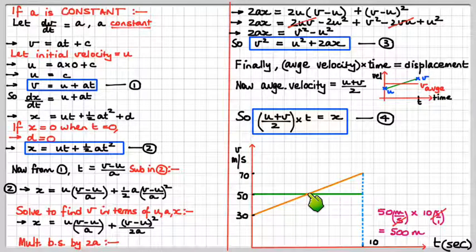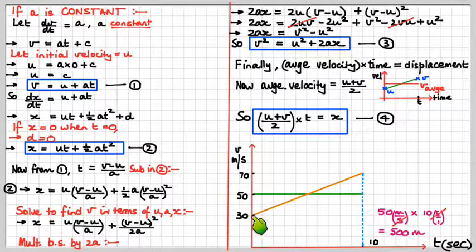Now, what I'm putting to you is that the area under this trapezium graph with the orange bit up here is still the same as the area under the graph with the green flat line, as our v line here would be. So the displacement would be the same in both scenarios.